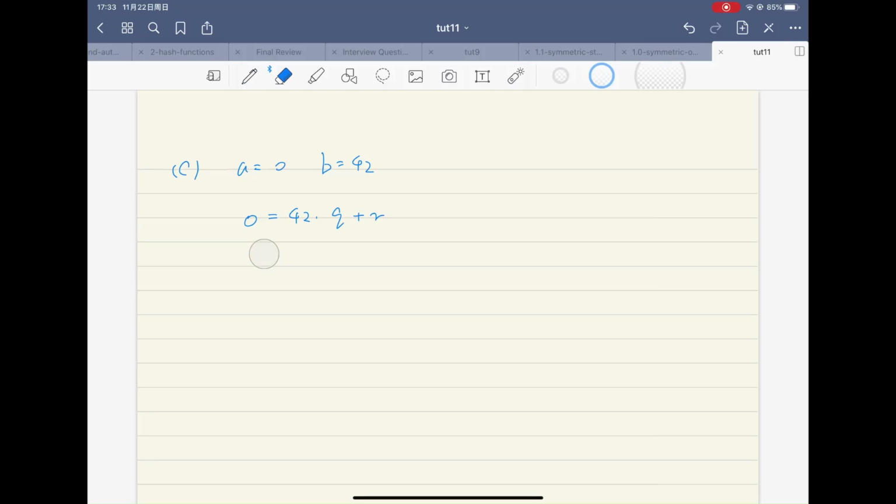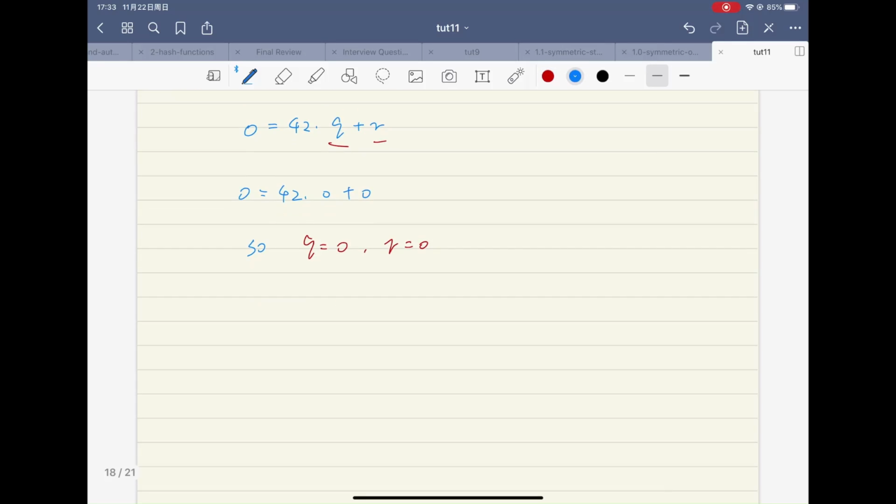If we want this equation to be valid, what do we have for the quotient and remainder? We have 0, right? So 0 equals 42 times 0 plus 0, right? So we have Q equals 0 and R equals 0.